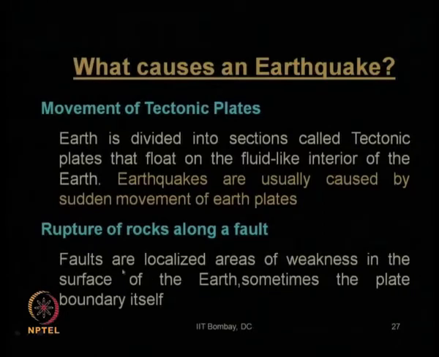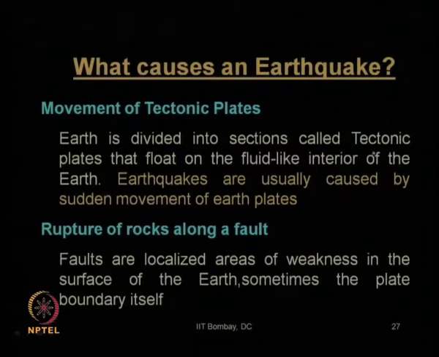Faults are localized areas of weakness on the earth's surface. This is the earth's surface, which is composed of tectonic plates. Those plates suddenly move with respect to each other and create an earthquake.